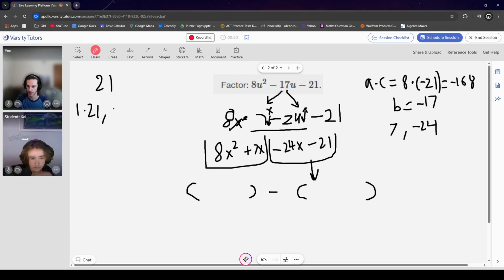Then 3 and 7, and that's basically it. 21 is pretty inflexible in that regard. So we have 1 and 21 and 3 and 7. Now let's do it for 24.